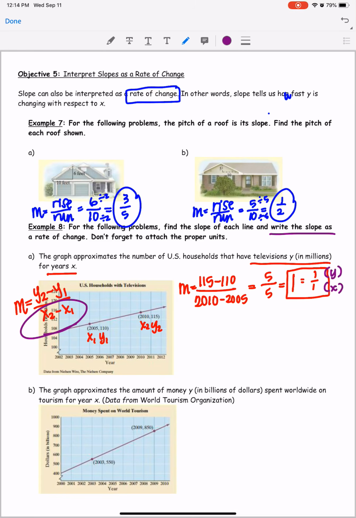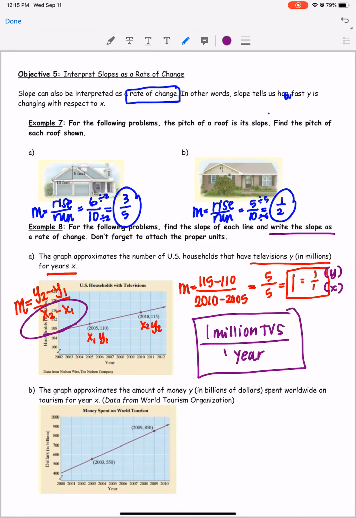So this means we have 1 million TVs over my x represented number of years. So 1 year. This is my final answer with my appropriate units.